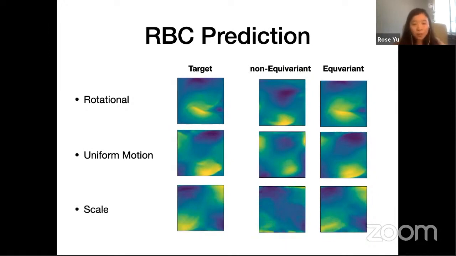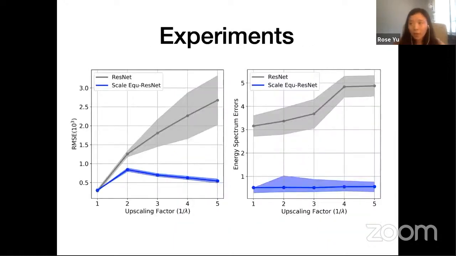We also evaluated this method on a real-world ocean current forecasting dataset. In this case, we're scaling the test data by different factors, shown on the x-axis, where we upscale the dynamics by different factors 1 over lambda. We're measuring the mean square error and the energy spectra of the forecasted velocity field, comparing the equivariant model in blue and the non-equivariant model in gray.